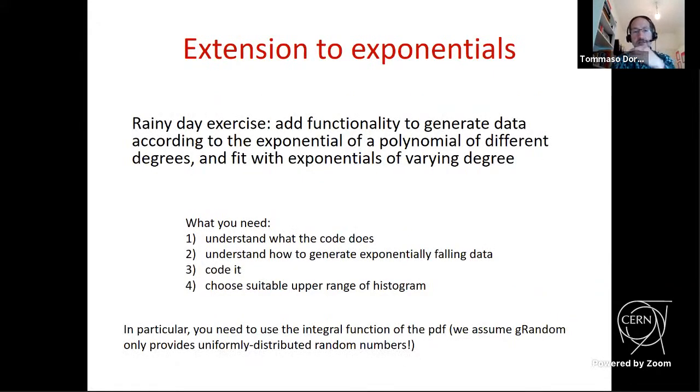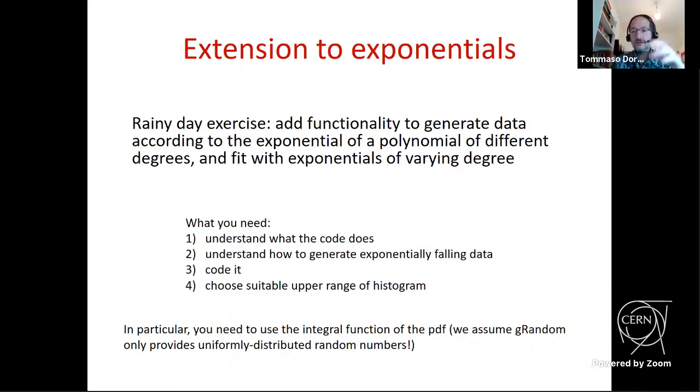I already extended the code to exponentials, but you can of course create a set of models that are exponentials of polynomials. And then you have an additive number of parameters.